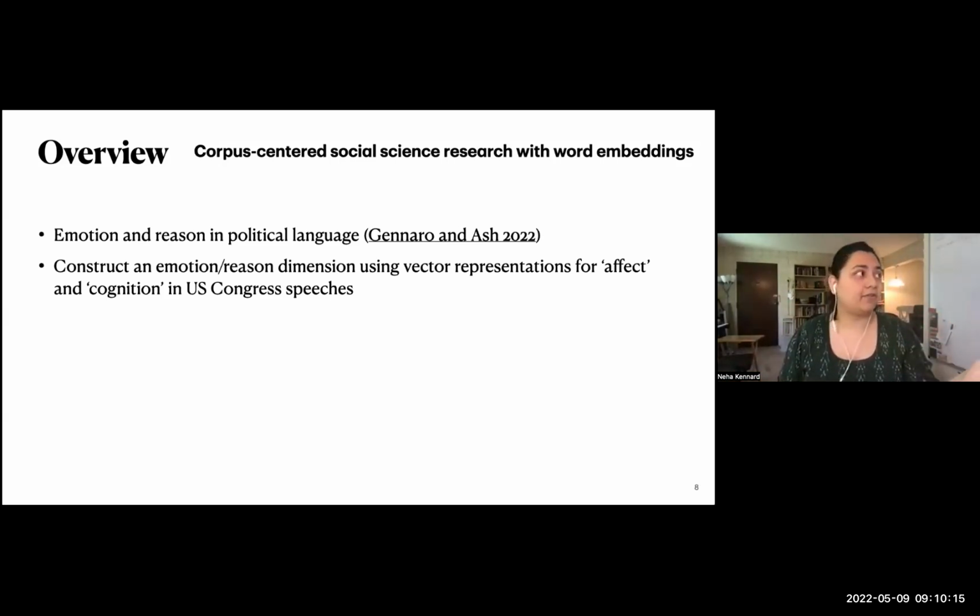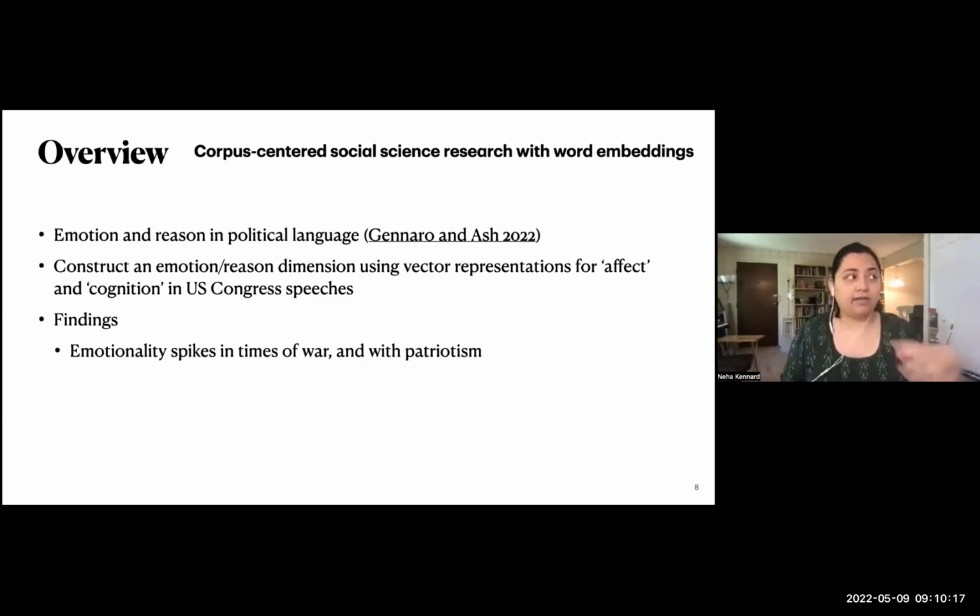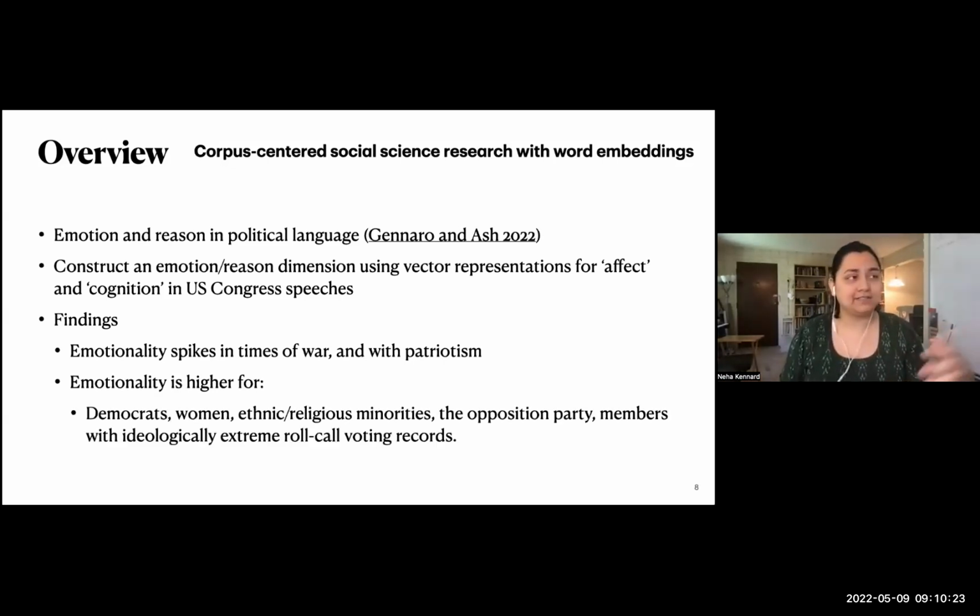They're able to find cool things like when emotionality spikes, with war and patriotism, and what type of people leverage emotionality in their speeches. I don't want to make political statements, but such and such people is what they find.